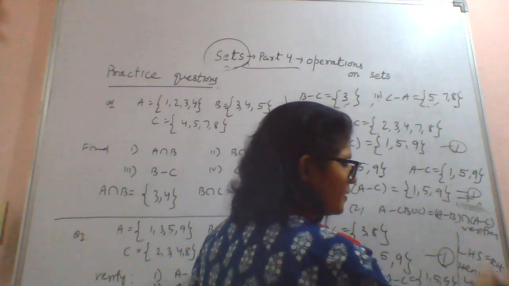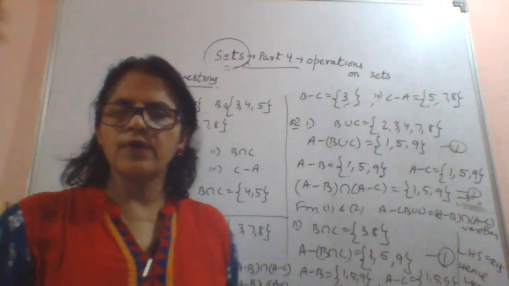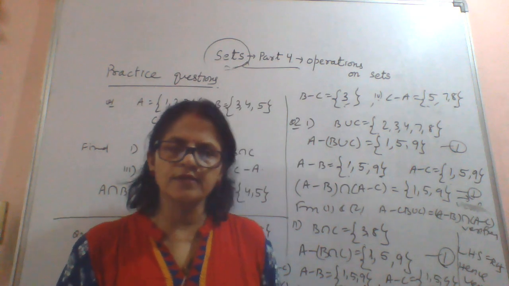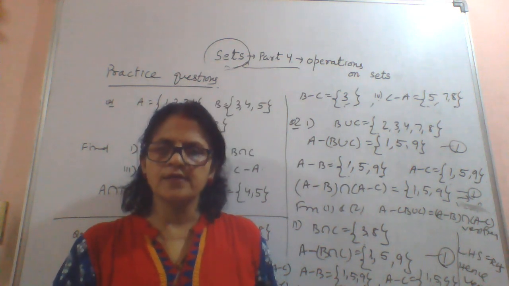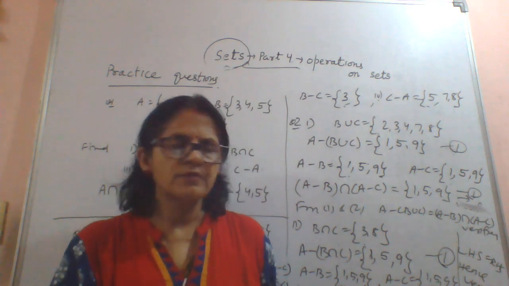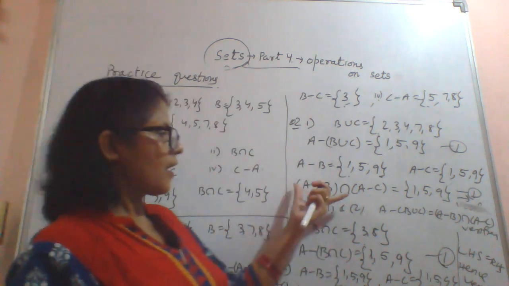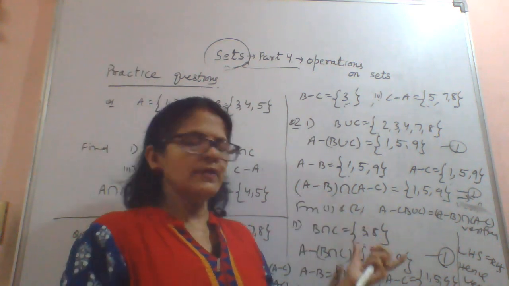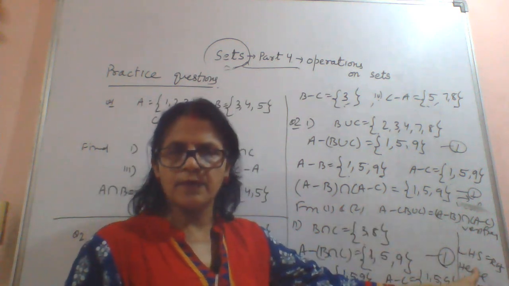The result is verified. So whenever you are given a question like this, you are given certain elements, verify this is equal to this, obviously you have to just display all the elements and see that this is equal to this, it is verified.